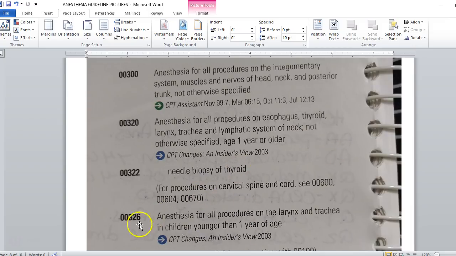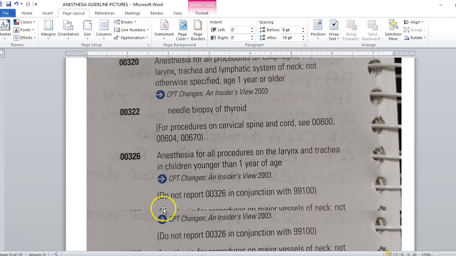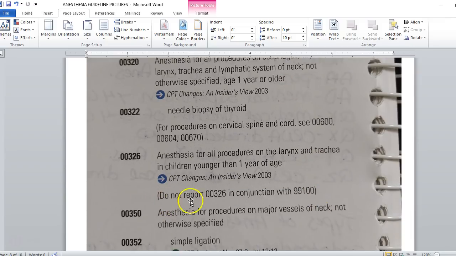But right down here, 00326, anesthesia for all procedures on the larynx and trachea of children younger than 1 year of age. You can see in the notation, do not report 00326 in conjunction with 99100. This is something we have to keep in mind for the rest of the CPT book.